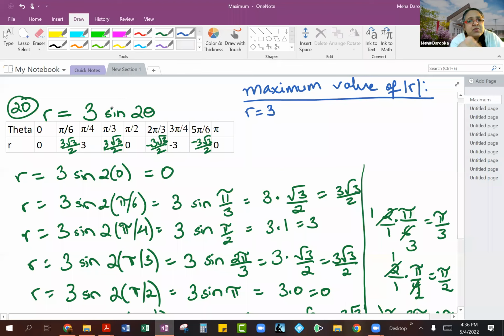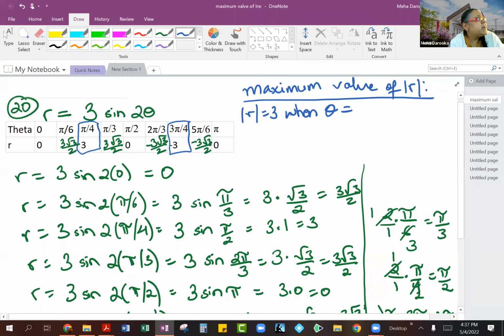So that means you are looking at this, and of course this will go in multiples. So we will say R equals 3 when theta equals, and actually let's write this as absolute value of R, because otherwise that could get confusing.